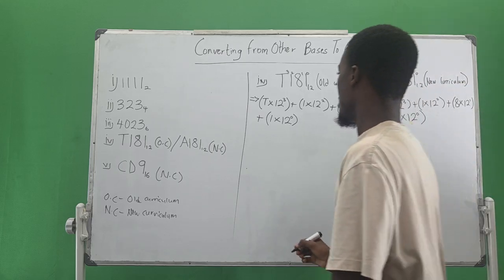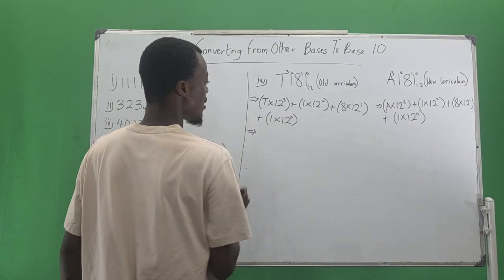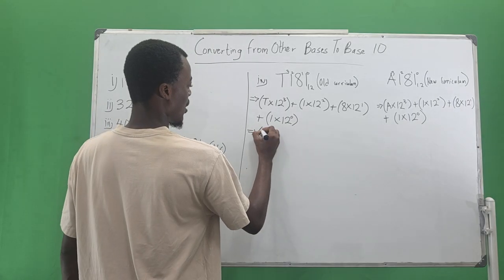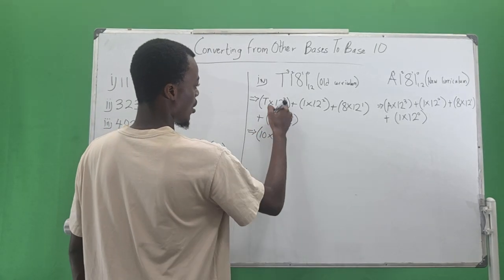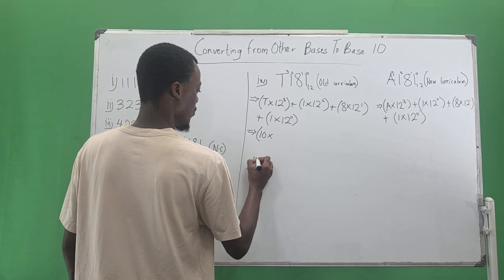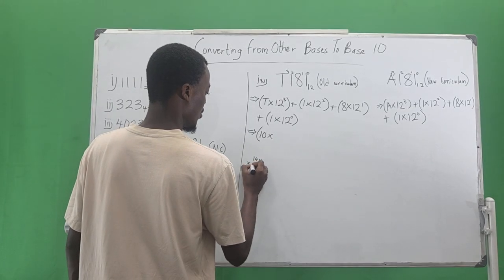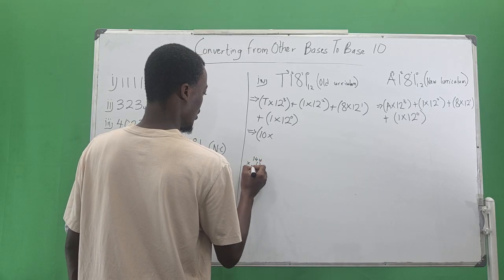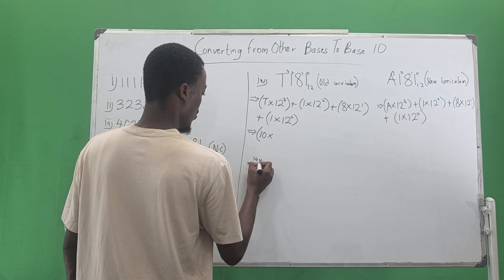Okay. So as you said, T is the same as what? Base 10. So now you can say what? 10 times what? 12 exponent 3. So 144 times 12. 1728, 17280, 2, 1, 2.